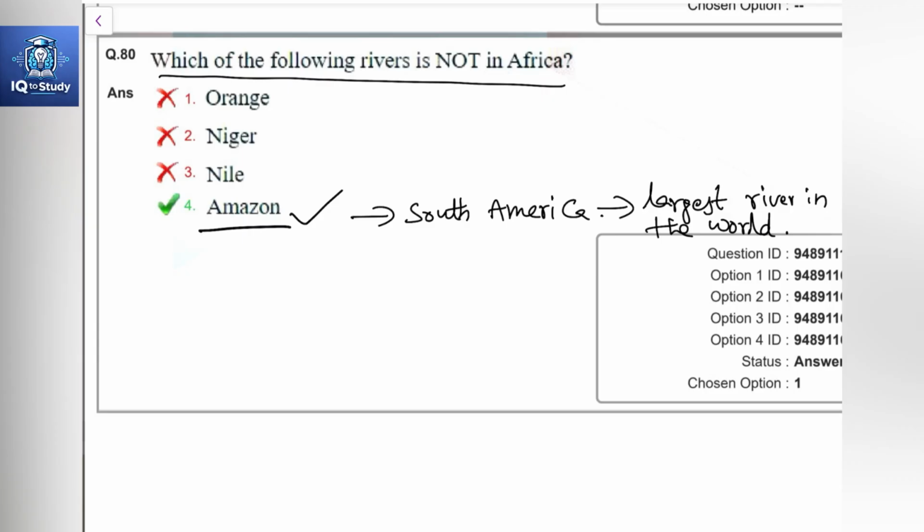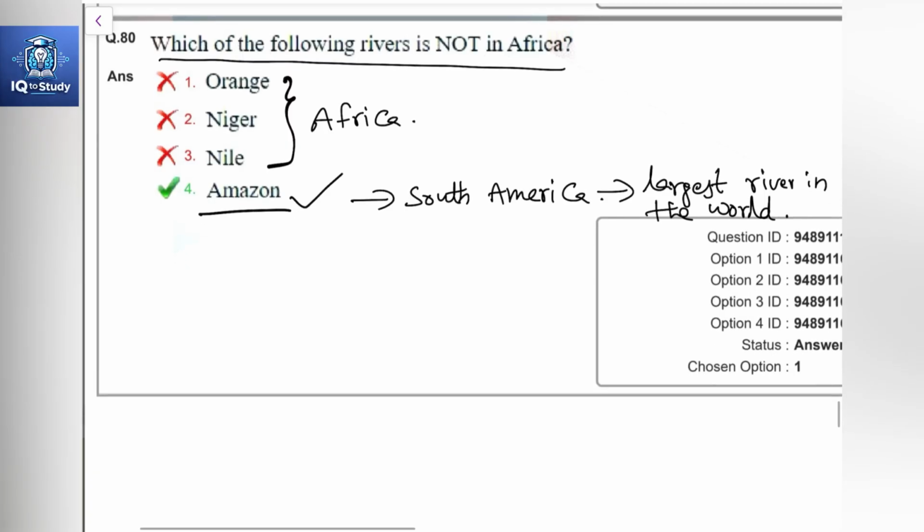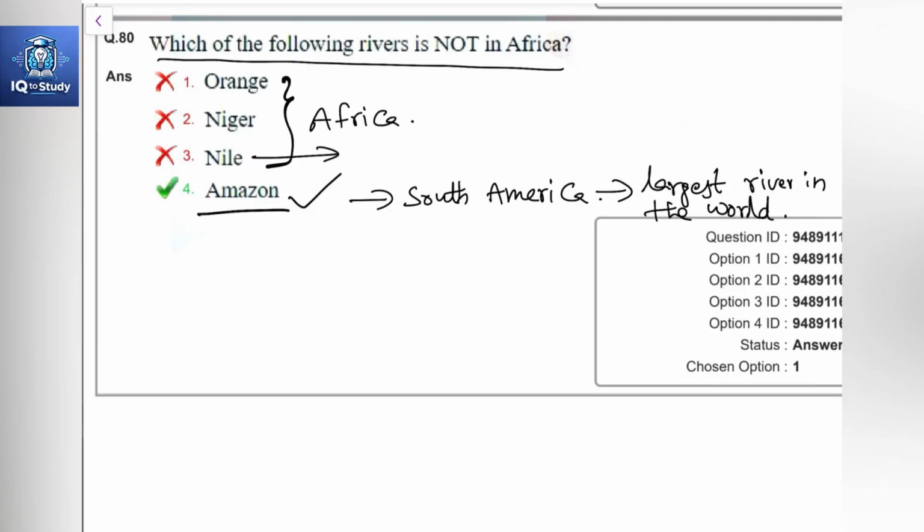And Orange River, Niger River and Nile River are in Africa. Nile is the longest river in the world.